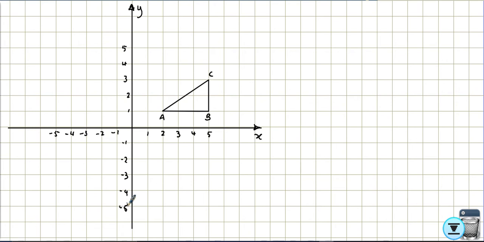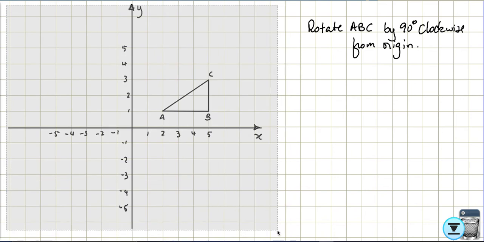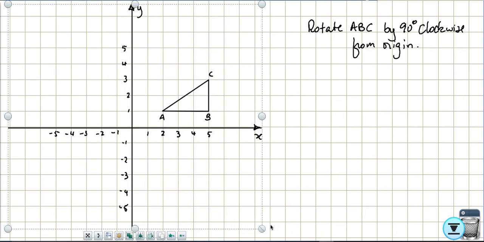Now, the first thing we're going to do, I'm going to rotate ABC by 90 degrees clockwise from the origin. So I'm going to copy that shape because I'm going to need it further on.